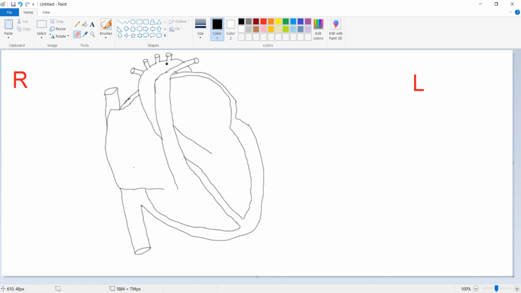Okay, so we're almost done, but there are some details that we should fill in. Okay, the valves, semilunar valves.